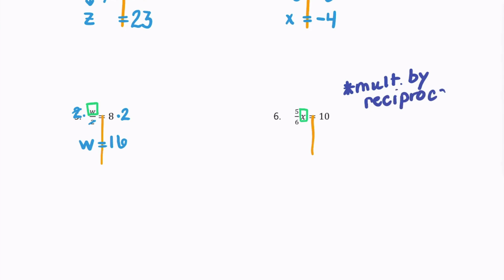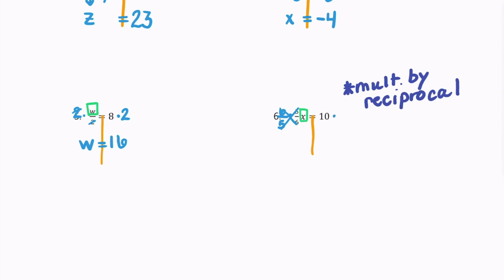So remember, the reciprocal of a fraction is when you flip the numerator and denominator. So if I want this to go to 1, I would multiply 5/6 by 6 over 5, because that's going to give me 30 over 30, and it will just cancel that out to 1.